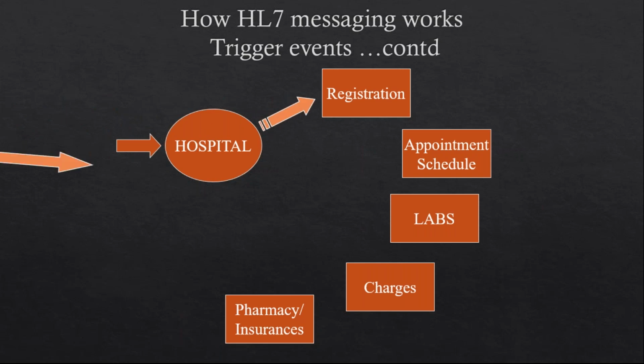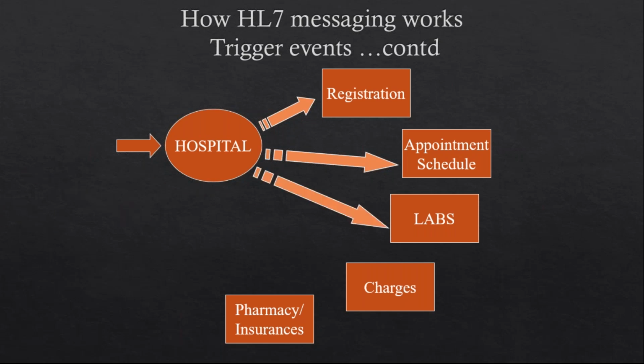The appointment is called another event, and then we have labs. Labs are nothing but the orders which are being placed by the doctor to the laboratory. So on a broader note, that is called another event. And once all of these things are done, they will send out the insurance claims and charges. Those are different events again.